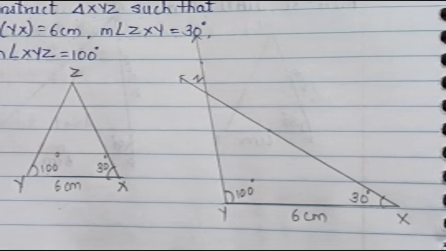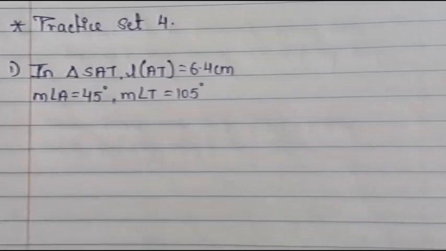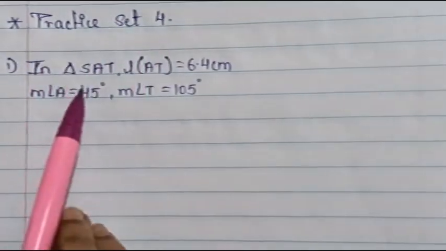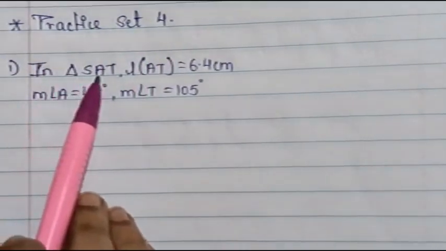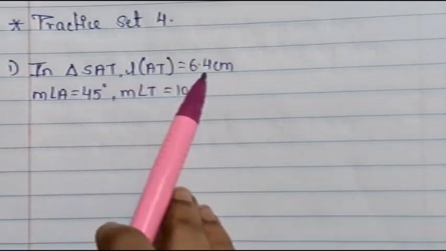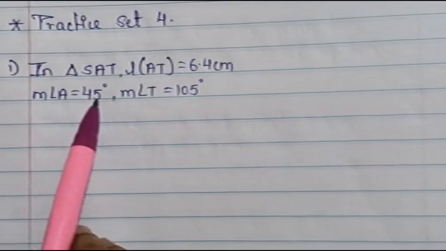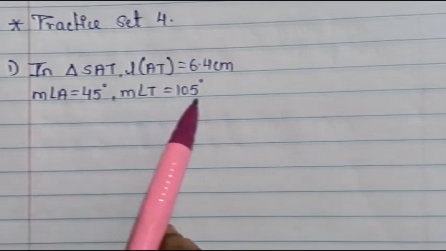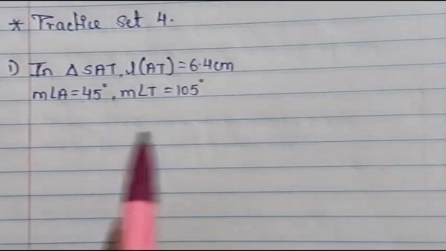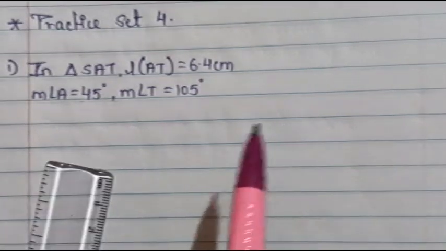Now on this basis, students, we are going to solve the next practice set, that is practice set number 4. Okay, so everybody will open their page number 6 in their maths textbook. Practice set number 4. Now students, here in practice set number 4, the first one they have given: in triangle SAT, length of AT is equal to 6.4 centimeter, measure of angle A is equal to 45 degree, and measure of angle T is equal to 105 degree. So very first thing is that we will draw the rough figure.